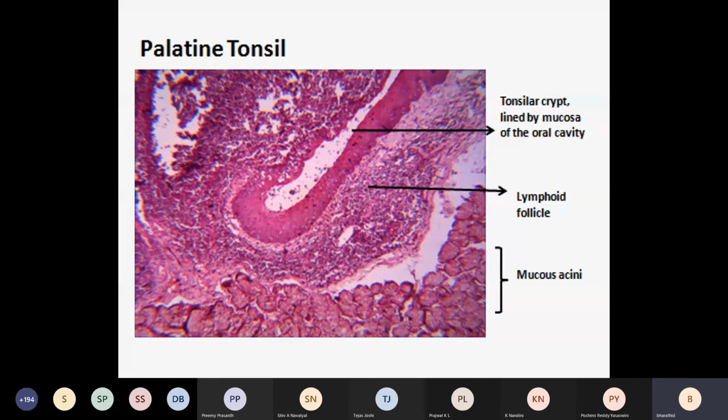Next, write down the lymphoid tissue. All these are lymphoid tissues surrounding the crypt, and lymphoid tissue is derived from vascular mesoderm. Next, write down that the palatine tonsil is part of Waldeyer's ring.